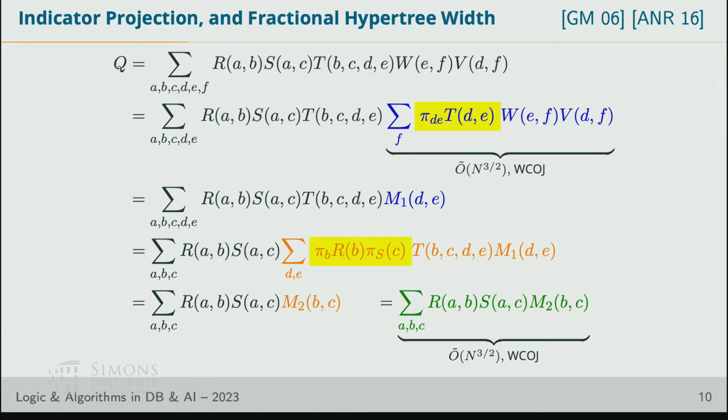And this query, we know that we can evaluate again with worst case optimal join in n to the 1.5. So you can see now how worst case optimal join actually plays a role in query evaluation with projections, right? With variables eliminated away. And this whole query now can be answered in time n to the 1.5.